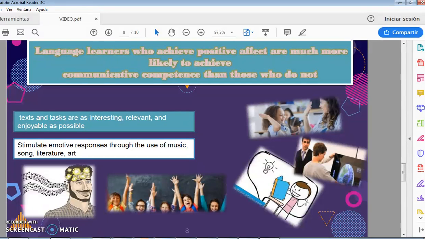Principles of language acquisition for ELT. Language learning can benefit from using those mental resources which learners typically utilize when acquiring and using their L1.